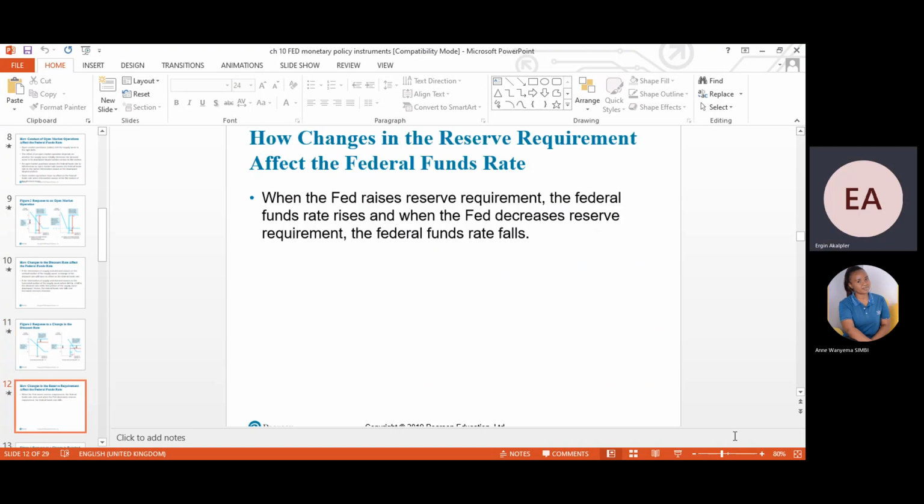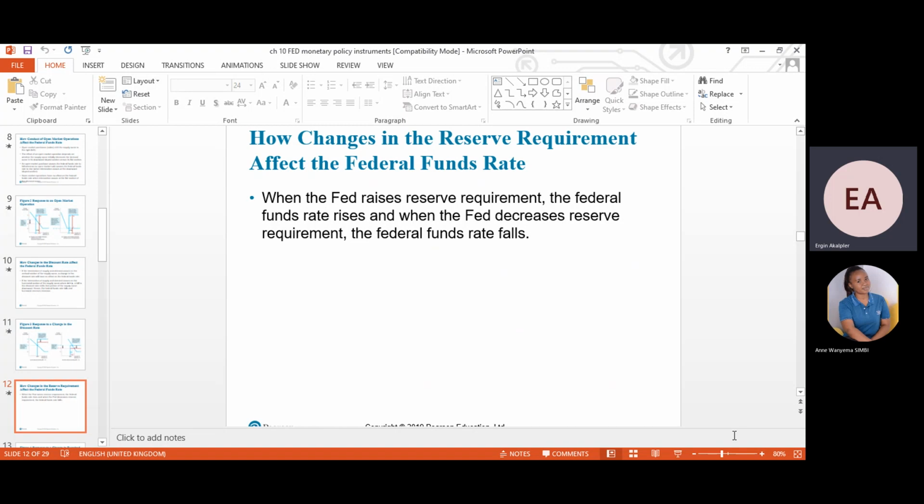How do changes in the reserve requirement affect the federal funds rate? When the Central Bank of America raises the reserve requirement, which is another instrument of the central bank, the federal funds rate rises. We have the discount rate, as I said to you, the open market operations and the reserve requirement. When the Fed decreases the reserve requirement, the Fed funds rate falls.